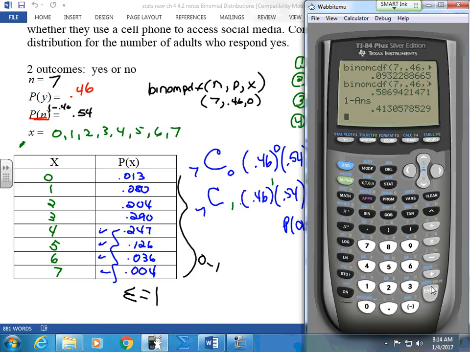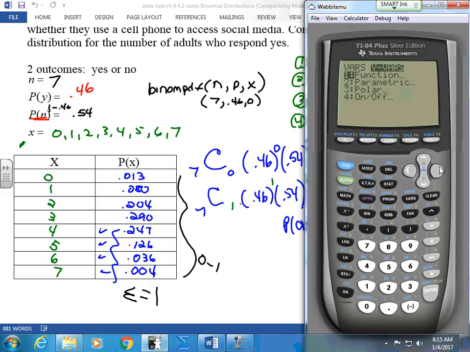So either way you want to use that, the cumulative is nice, but the PDF one, you let yourself think about binomial. I'm looking for a word that says binomial. I'm looking for a probability distribution function because that's what I have to make right here. PDF, that's what it stands for. If you hit VARS by accident, there's not remotely anything that you need there.